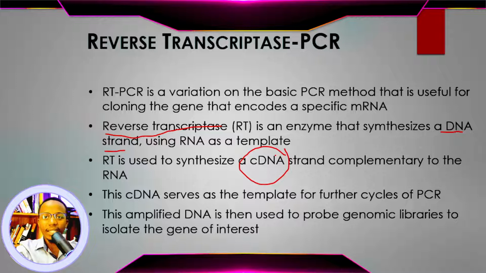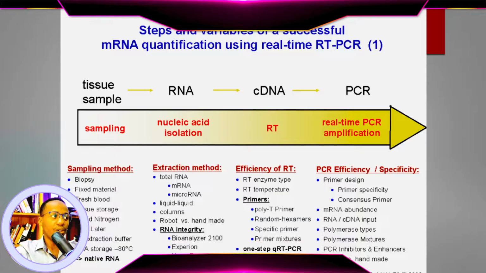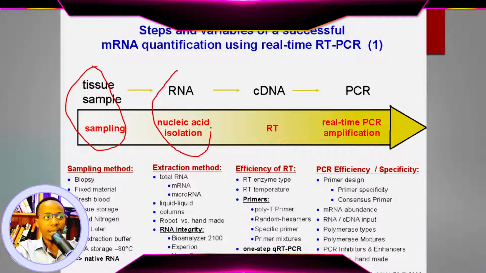The cDNA is the copy of the DNA that came from the mRNA. So that's the one that we use. This is a quick overview of the method where you come up with a sample, you isolate RNA from the sample, and then you use reverse transcriptase to go from RNA to cDNA. And then when you have the cDNA, guess what you do?